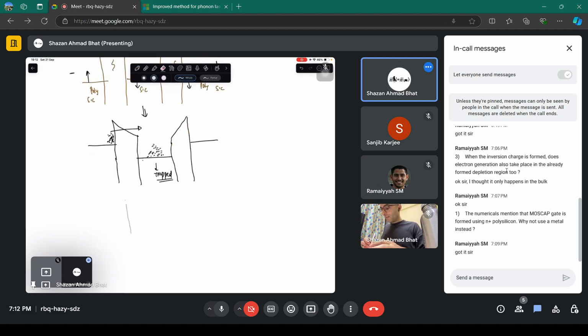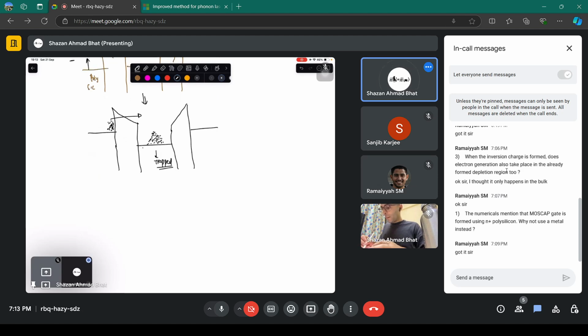Let's say because there are now electrons here, a little bit of bending stays in the opposite direction. Let's say this particular is negative to positive. There will be positive charges here, positive charges on the other side, and let's say this is like this. There is negative, these are the electrons now.